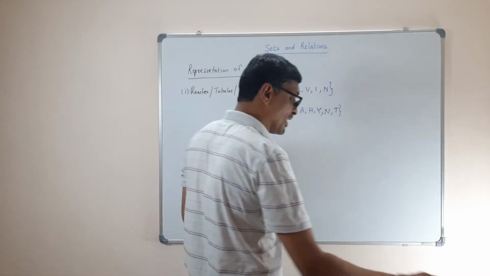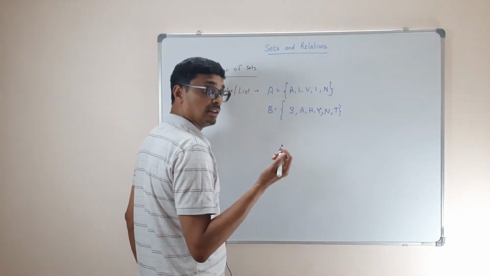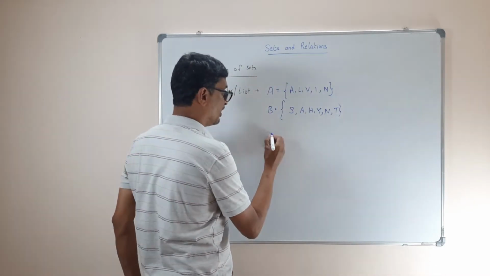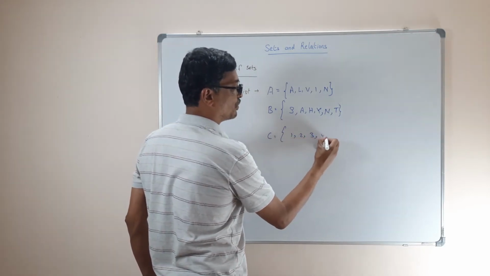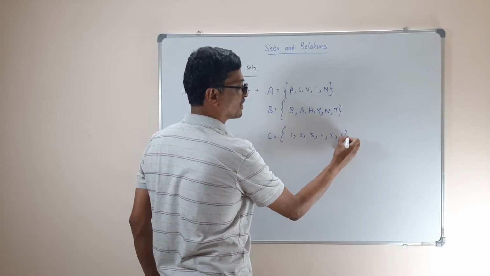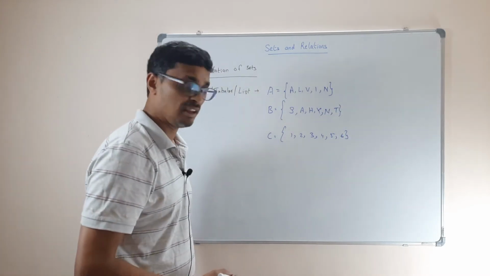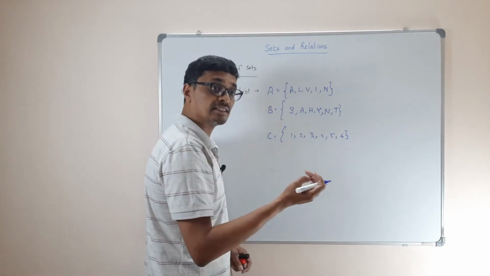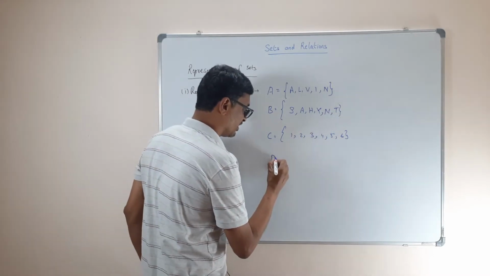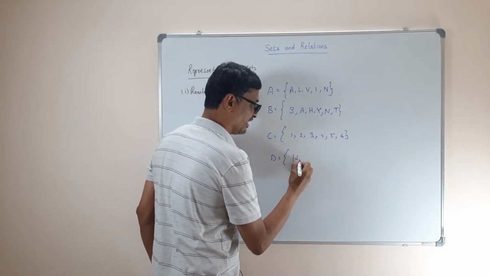I can have another one also: the numbers on a die, 1, 2, 3, 4, 5, 6. You can have many things like that. Numbers on a die. Sides of a coin: head and tail.